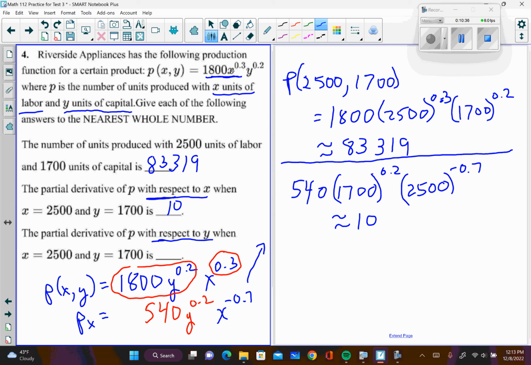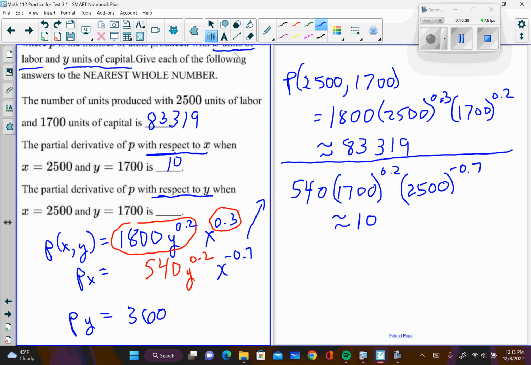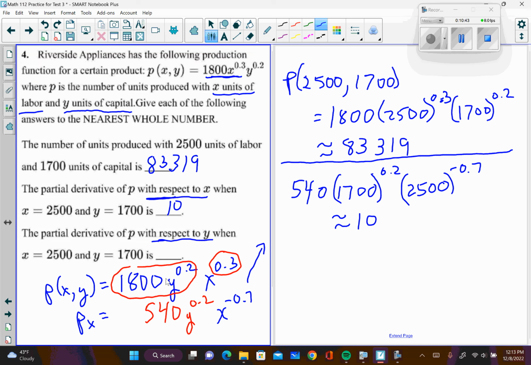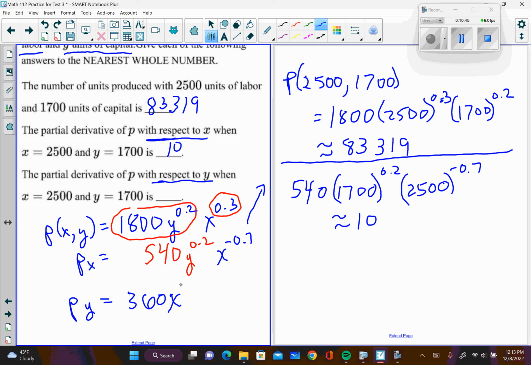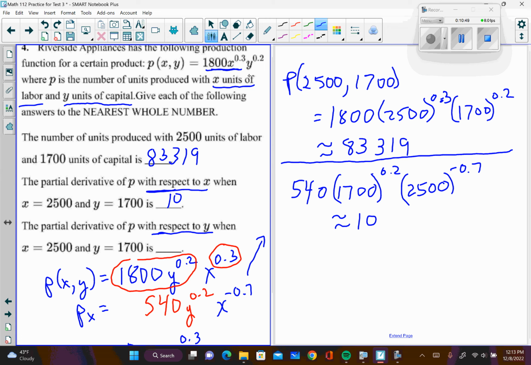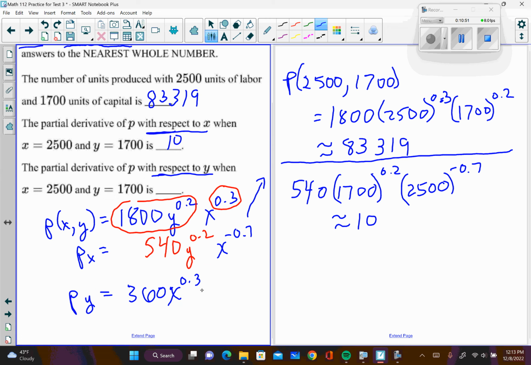And the x to the 0.3 is part of that constant in front of the y. And then we have y to the 0.2. We make it y to the whatever 0.2 minus 1 is, which is negative 0.8.